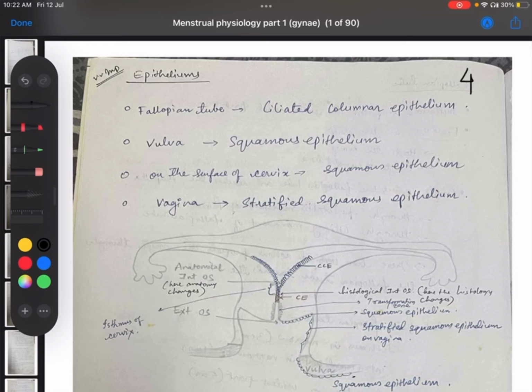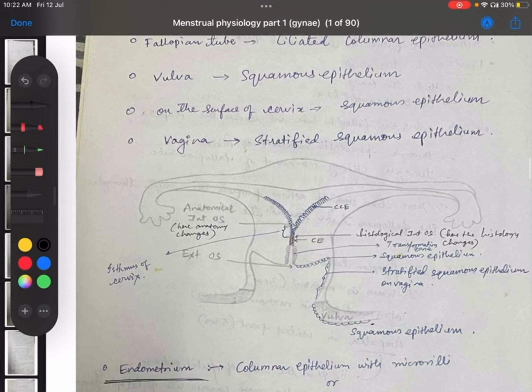Let's understand that. Starting from the vulva, which is the outside, it is made up of squamous epithelium. Moving upwards, it gets converted into stratified squamous epithelium on the vagina, and then again squamous epithelium on the surface of the cervix. Now let's talk about the oviduct.